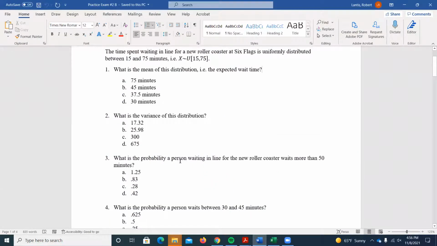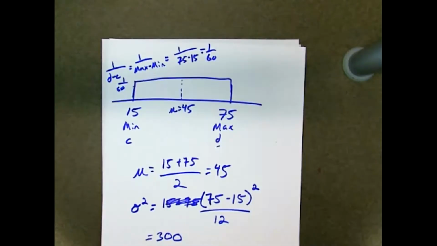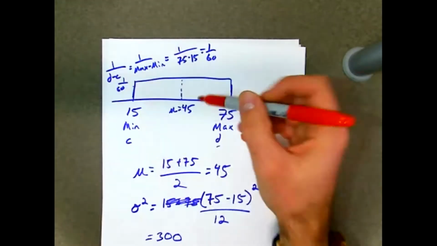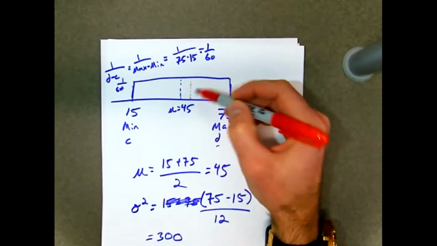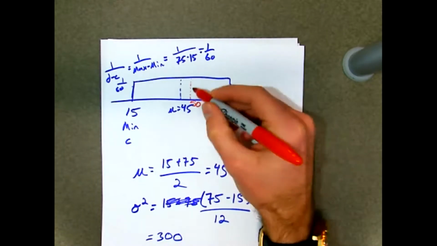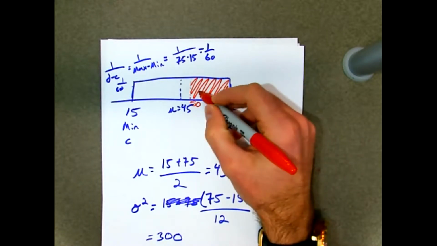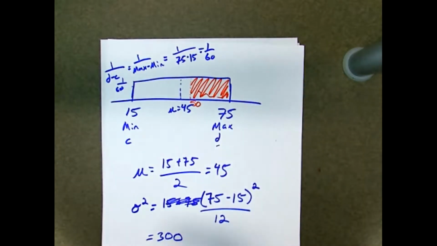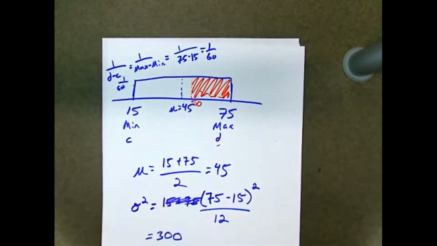So I want to know the probability it's greater than 50. All I'm really thinking about is the probability that this is greater than that value of 50. It's represented by this area under the curve, to the right of 50, up to whatever the maximum is. Now I've just got the area of a rectangle.